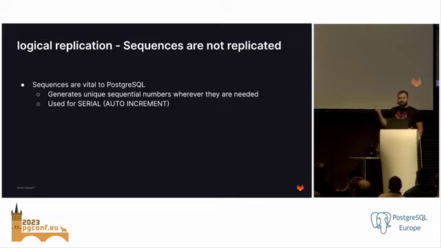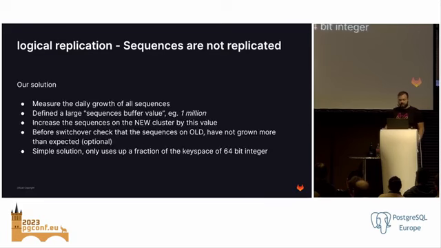Yeah, and this cannot be replicated, which on its own is a really big problem, because you would lose the information which of the IDs are already used, and you could get duplication problems. For us, the solution seems a bit like a workaround and was a bit hacky, but it worked quite well for us.